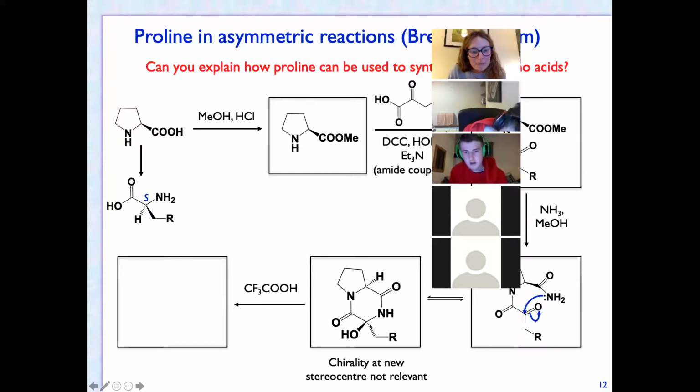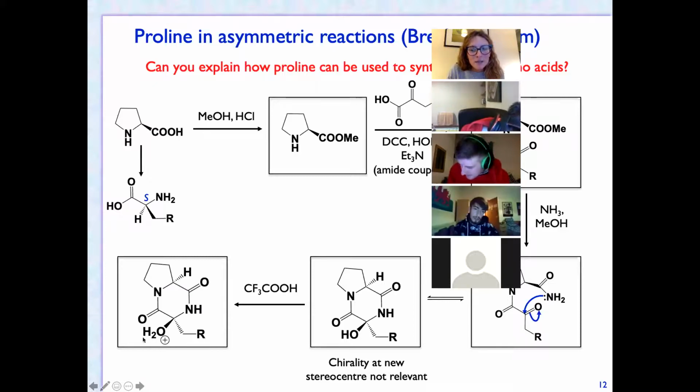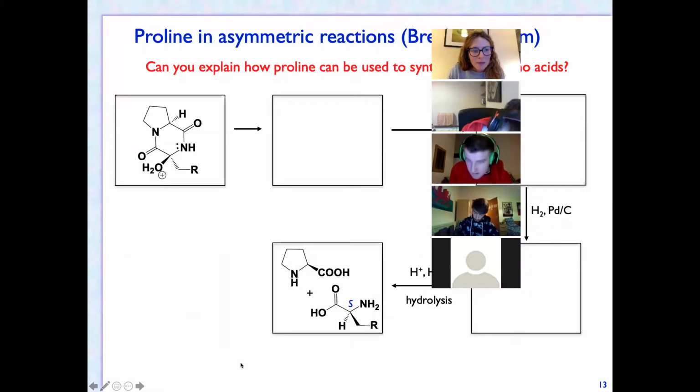Okay. Now we are using strong acid. What could it do? It's nothing exotic. Protonate? Protonate, yes. The acid just protonates the oxygen there. Now from here, what happens? What could happen?